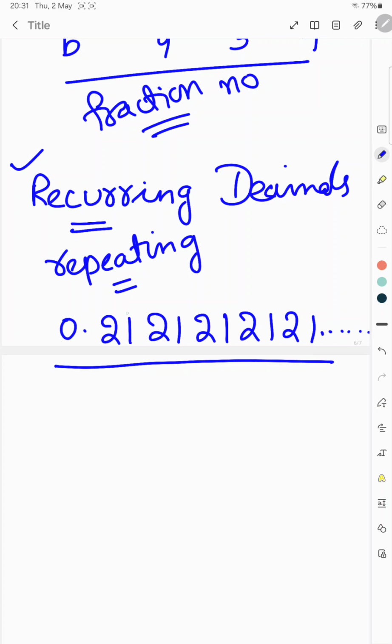Why recurring? Because after the point value, as you can see, there is a repetition in the number, and it goes on, it is infinite. So these types of decimals are called recurring decimals.